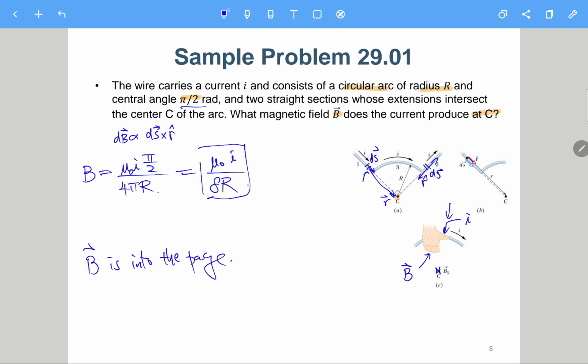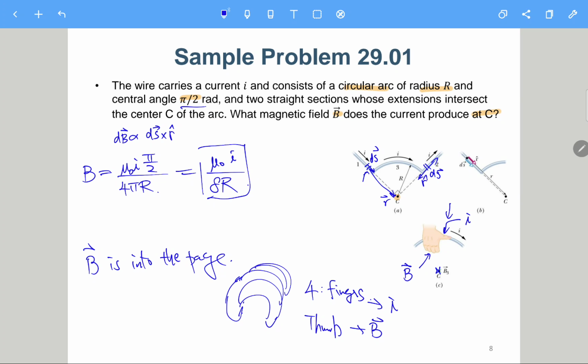Or you can use the other way. You use your forefinger to follow the direction of the current, because you know the current first. This is the direction of the current, and then your thumb will point into the page.